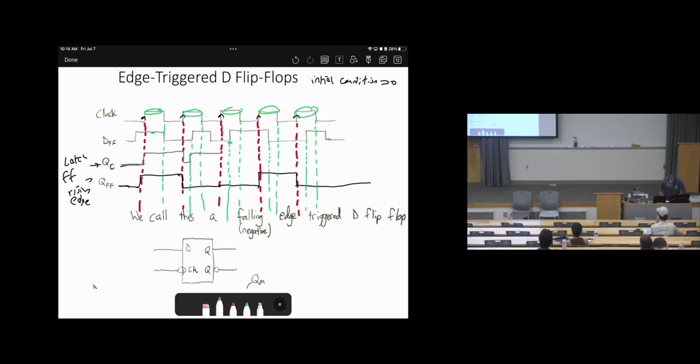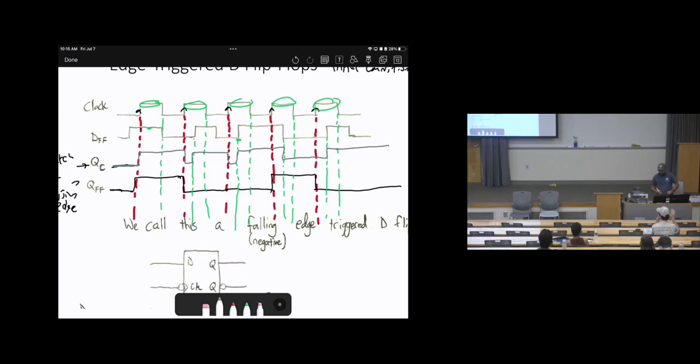Then in this cycle it will copy what's happening with D. Then hold. Then copy D. Then hold. Copy D. Then hold. So you see, the latch and the flip-flop, even though they are the same type D, will be different. Yes?